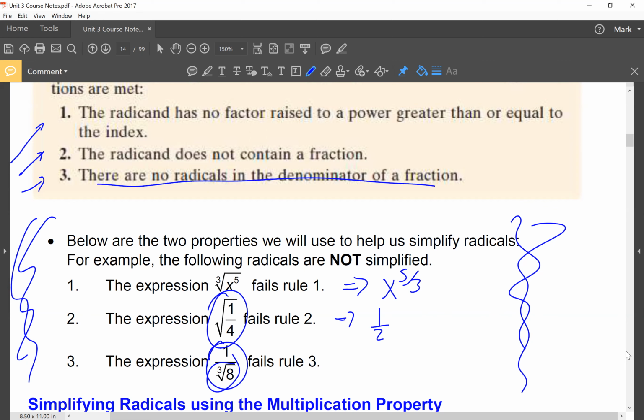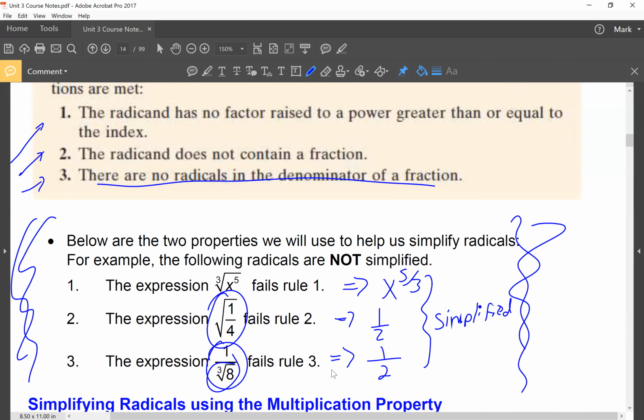To simplify this one, we would say 1/2. The cube root of 8 is 2. So all of these could be simplified. That's the key.